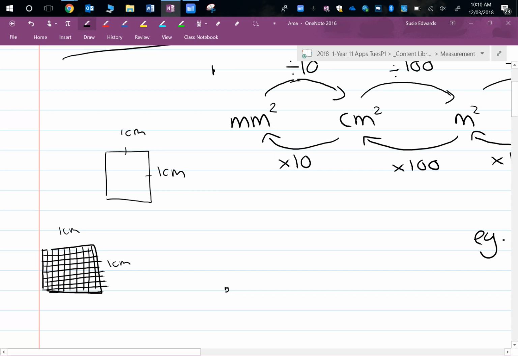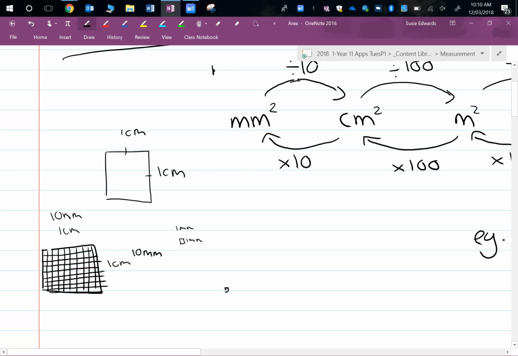We go 1 centimetre has 10 millimetres in it. And so we've ended up with 10 millimetres by 10 millimetres in that shape. How many square millimetres are there? So a square millimetre looks something like this, 1 millimetre by 1 millimetre.